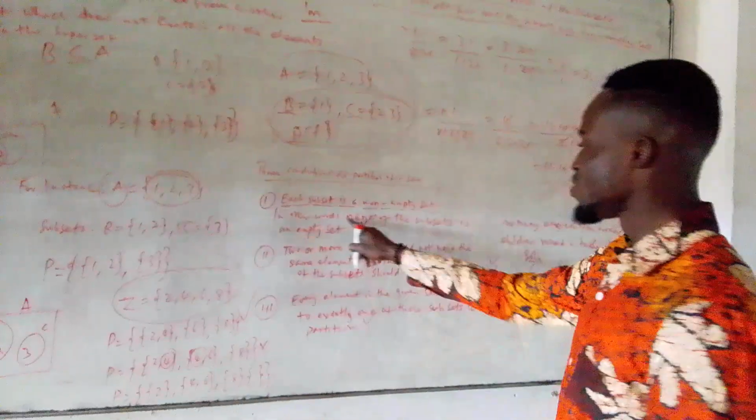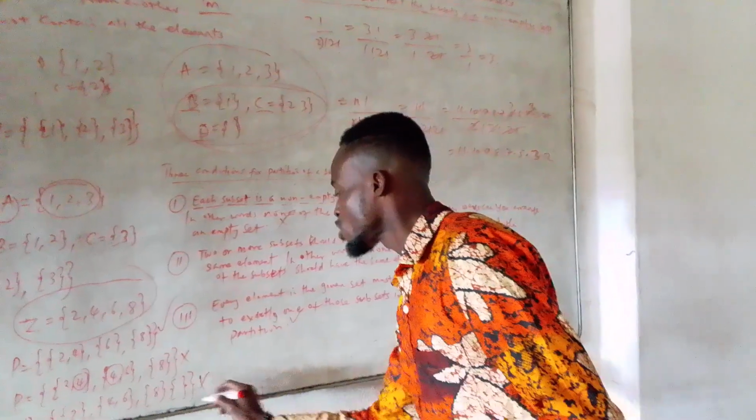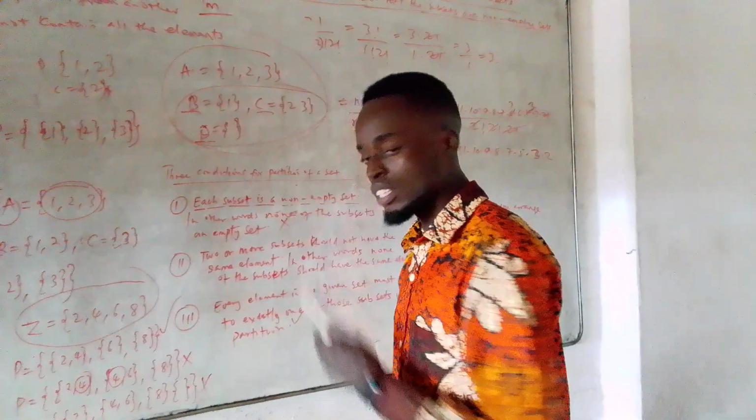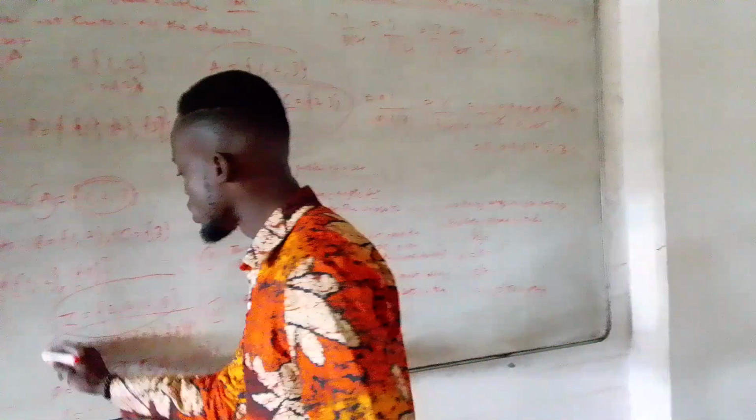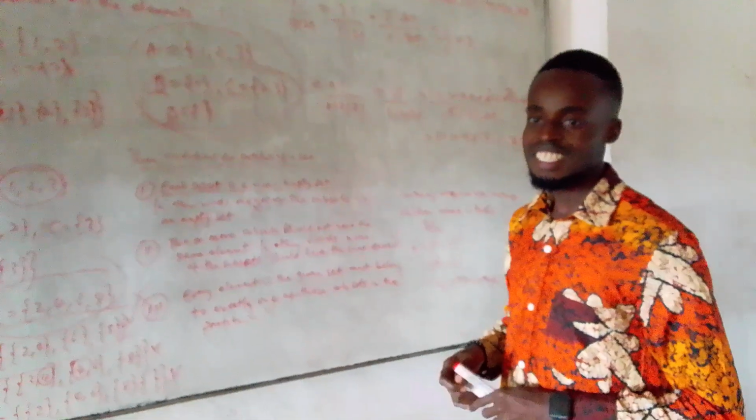Empty set. We say that there shouldn't be any empty set. Because of that, it is not correct. So the correct one is the first one, based on the 3 conditions that we have enumerated.